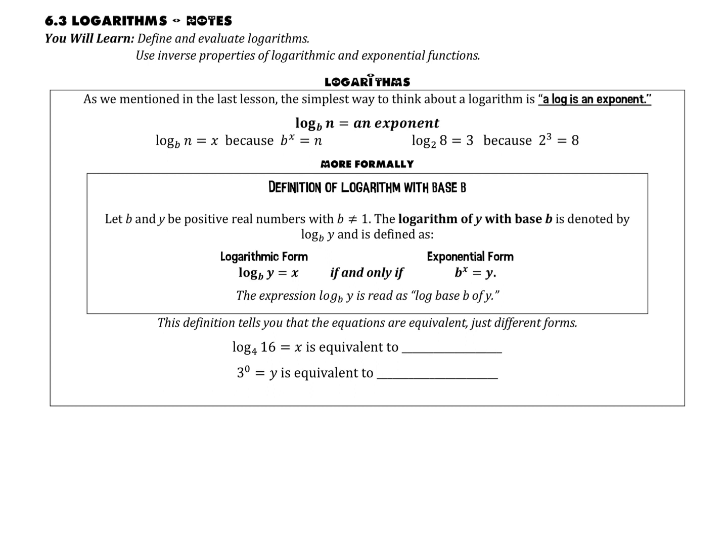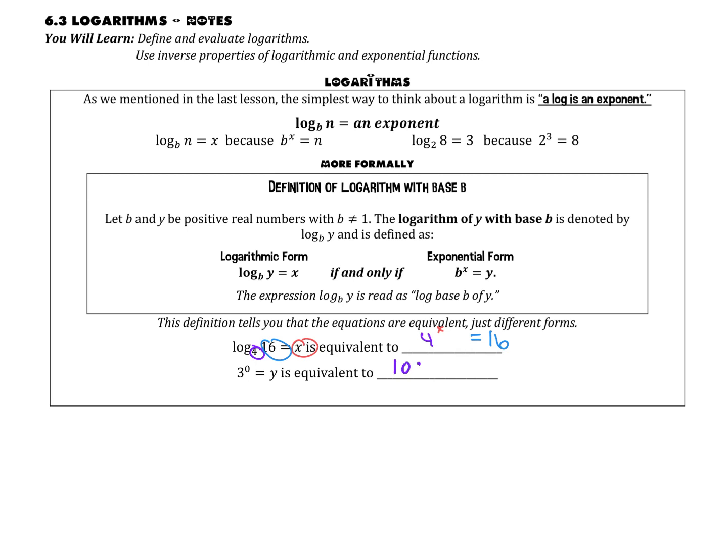So log base 4 of 16 is equivalent to 4 to the power of x is equal to 16, if we simply switch forms between the two. 3 to the power of 0 equals y could be rewritten using logs.